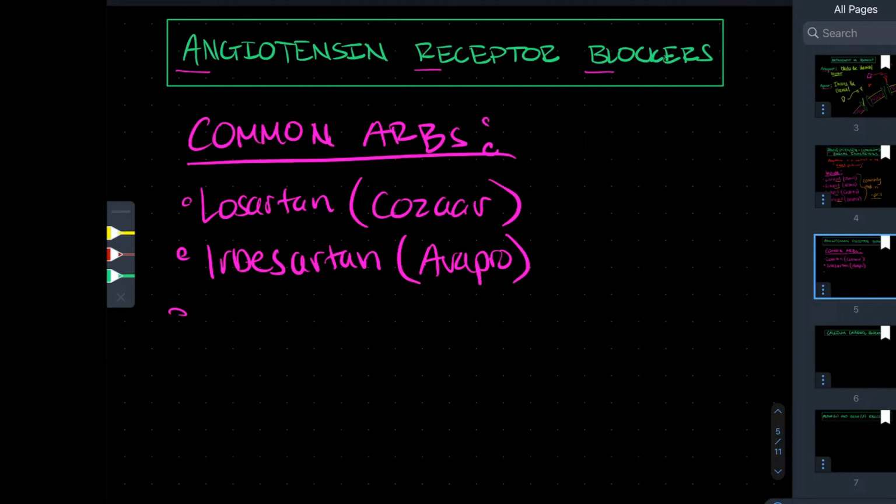So sometimes you'll see them. Sometimes people get brand names for whatever reason. Sometimes they just feel like it works better for them, or maybe their insurance prefers it. But most commonly for blood pressure medications, you're just going to see the generic name.